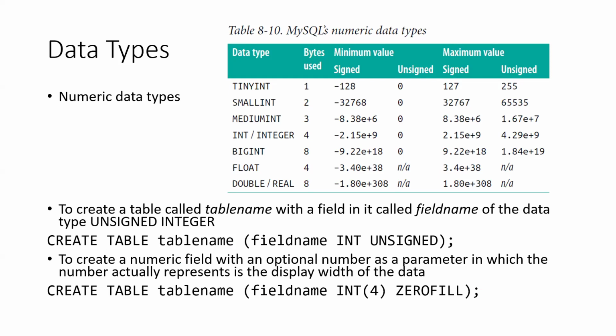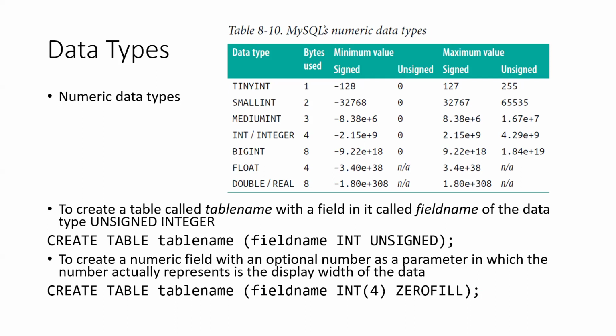So if you want to save some space in the database, you have to carefully select the data type. So when you say numerical data type, there are a few data types we can discuss, starting from tiny integer, small integer, medium integer, integer, big integer, float, and double and real.